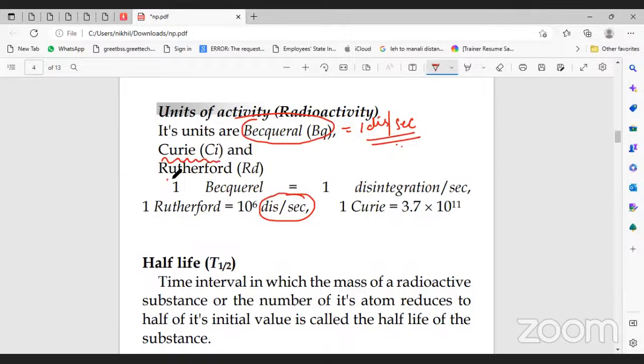Then the Curie and the Rutherford. 1 Curie is equal to 3.7 into 10 power 10 disintegration per second.